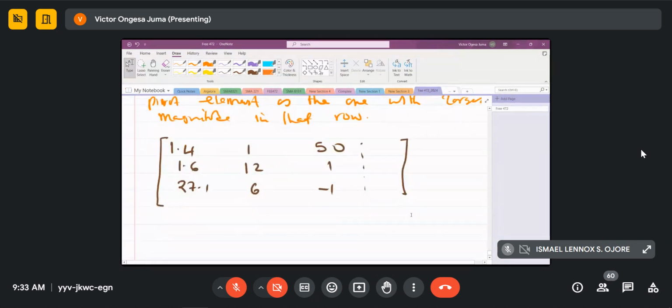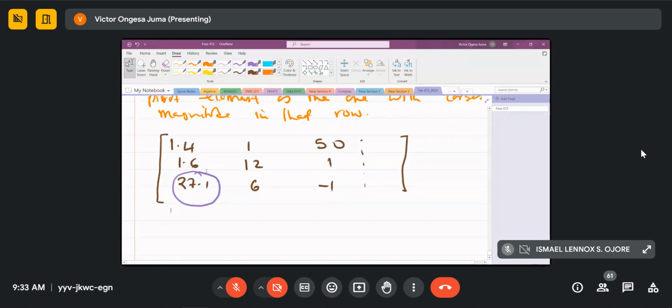But so what partial pivoting says is that look at this row, for example, this is a pivot row, and then identify which element has the largest magnitude. Which one? So this has the largest magnitude.